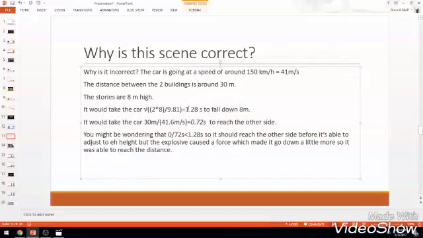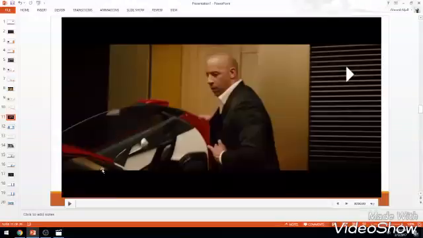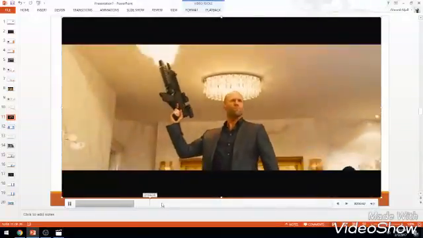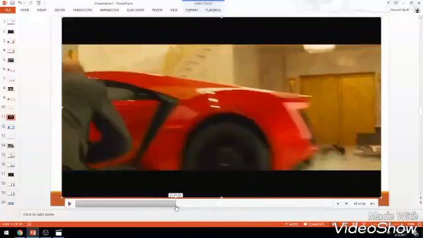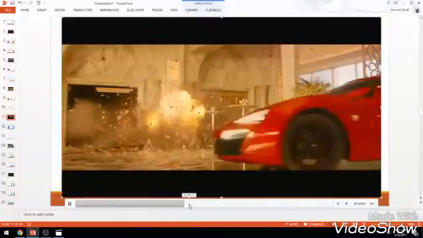So you might be wondering, the car reaches the other side before gravity is able to push it down enough so that it fits in perfectly in the stories? Yes, it actually happens. But you know why? Look. This might be something that you didn't observe, but look. Here you can see, just as they jumped out, this guy threw a sort of bomb onto them.